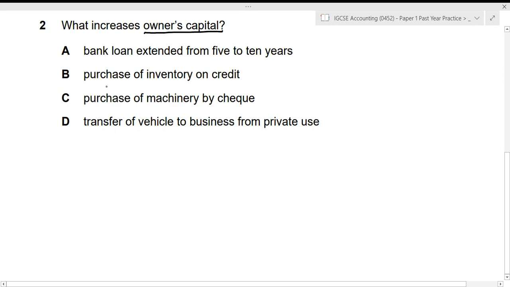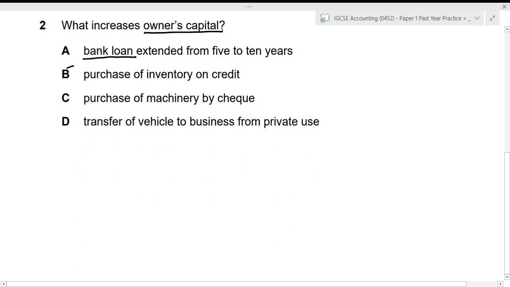So these are some transactions here, and you just need to understand each transaction in order to understand why and how in any of the transactions the capital is increasing. So, bank loan extended from 5 to 10 years. Now, as you should know, every item in accounting is categorized as either assets, liabilities, capital, expense, or revenue.